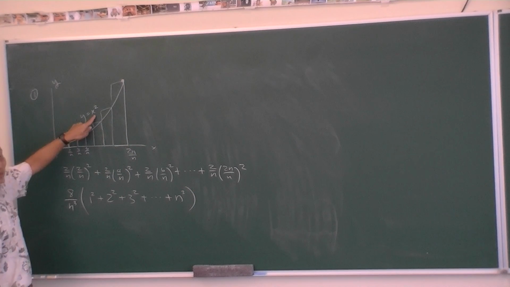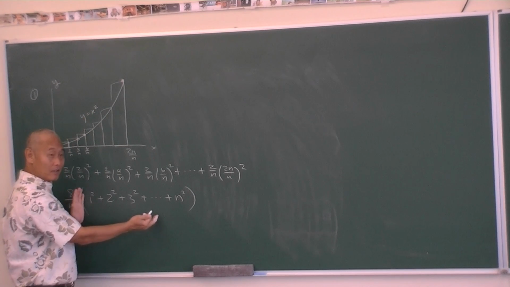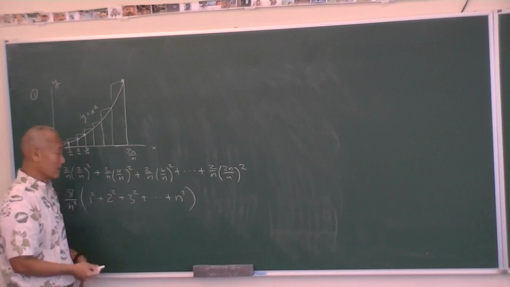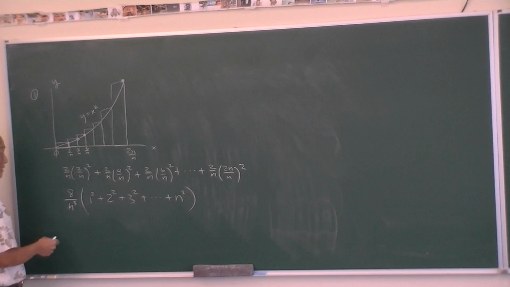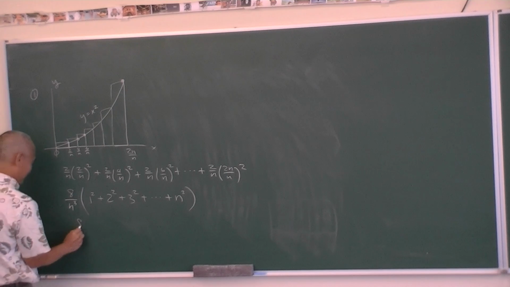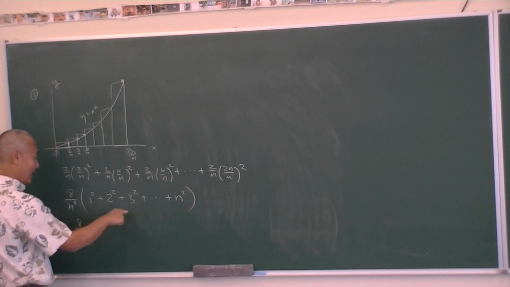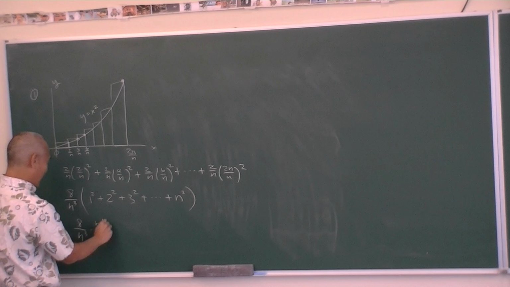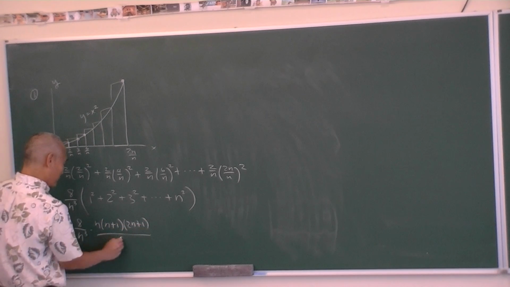See, if it's x squared, then you're going to have the sum of squares inside here. If it's cube, you're going to have the sum of cubes, right? We know those formulas. That's why I can only give you x squared or x cubed, unless I do something. 8 over n cubed times n. Wait, let me look at my notes, I forgot it. n plus 1, 2n plus 1, all over 6.